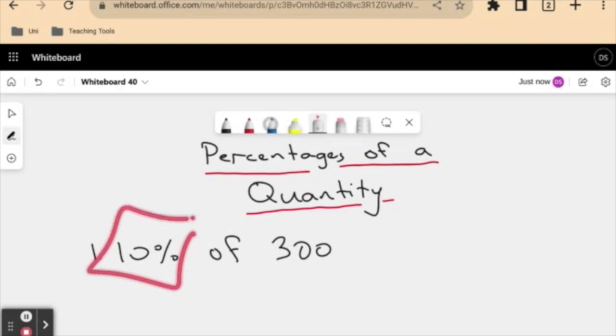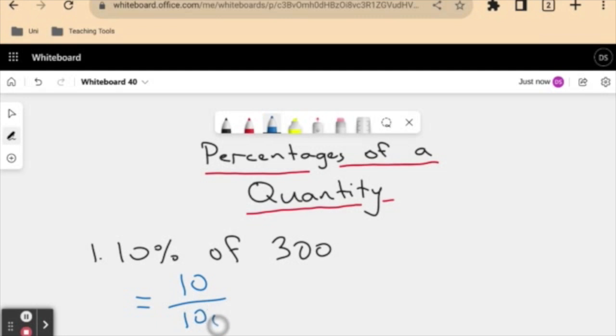So here, our 10%, how can we write this as a fraction? Well, we just need to express this as a fraction of 100. And here, we want 10 hundredths lots of 300.